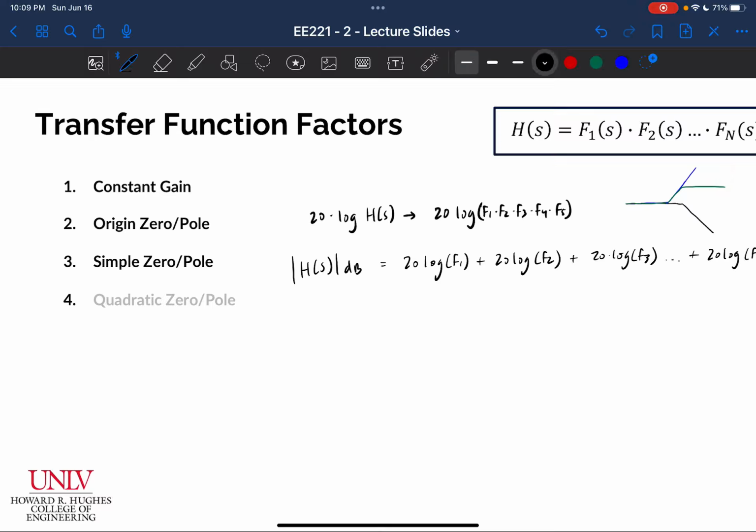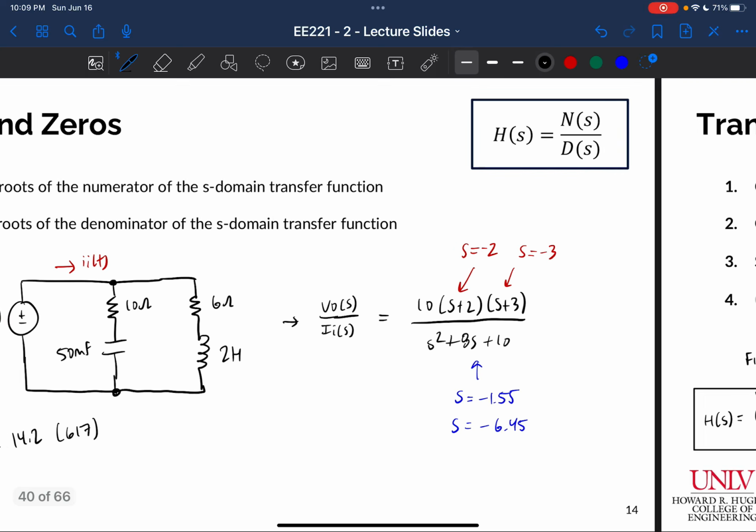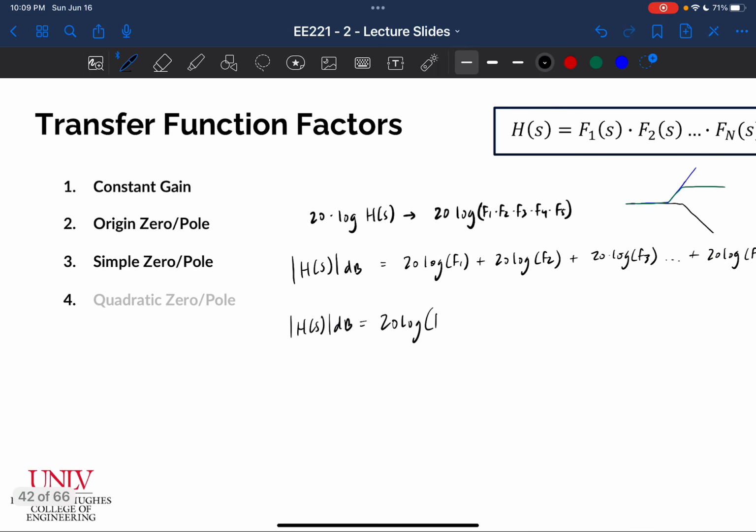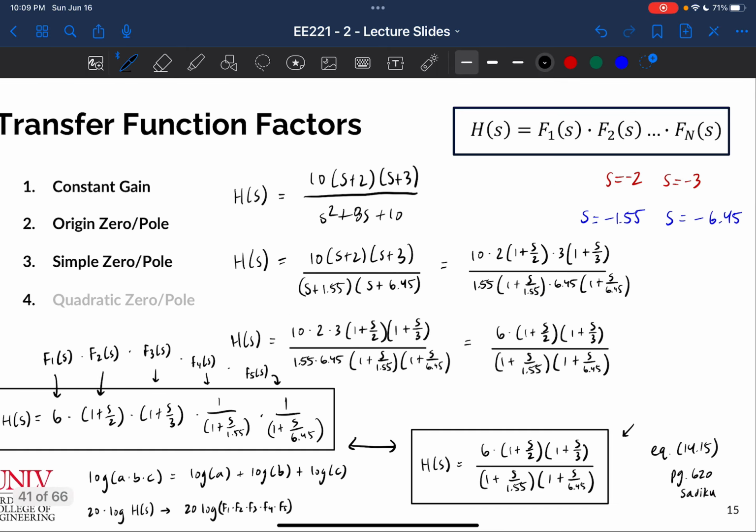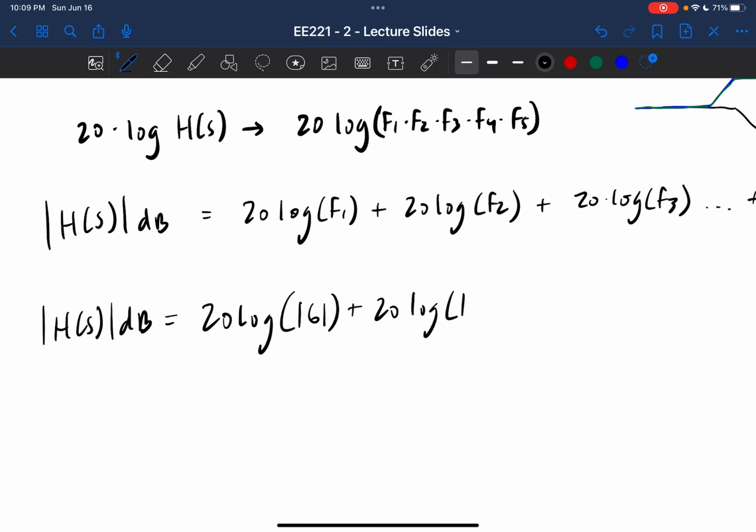And so what that would look like is H of s in dBs is equal to 20 log of the magnitude of 6, plus 20 log of the magnitude of 1 plus s over 2, right? Just like that, plus, and then we would do that for all of our terms.